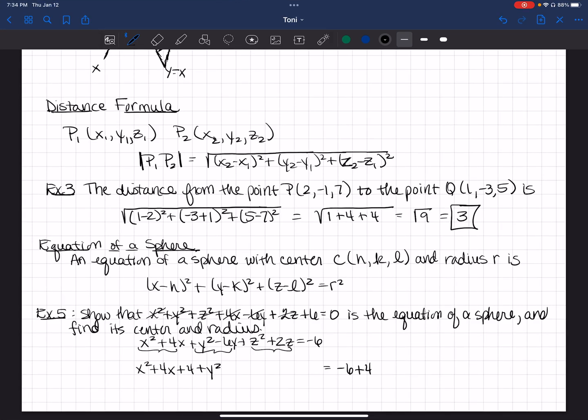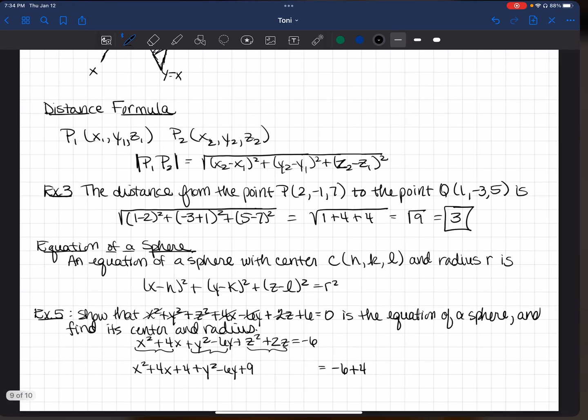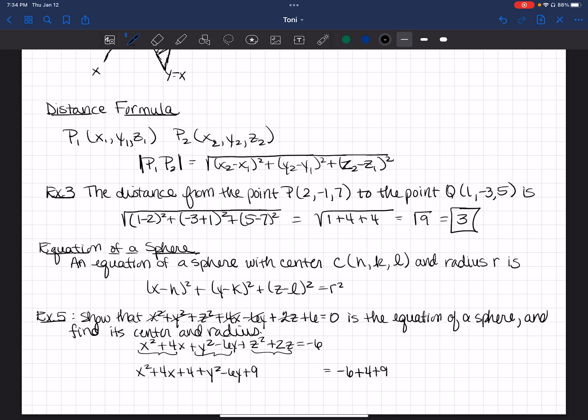Then I have y squared minus 6y. Half of negative 6 is negative 3. Negative 3 squared is 9, plus 9. So I have to say plus 9 on the right-hand side. Then I have plus z squared plus 2z. Half of 2 is 1. 1 squared is 1.